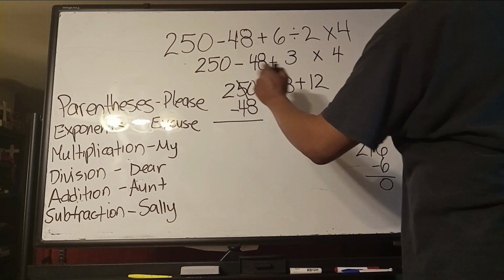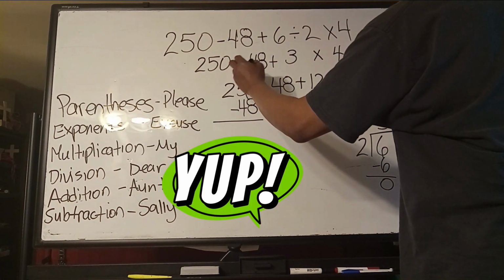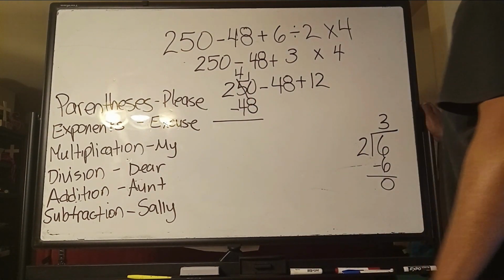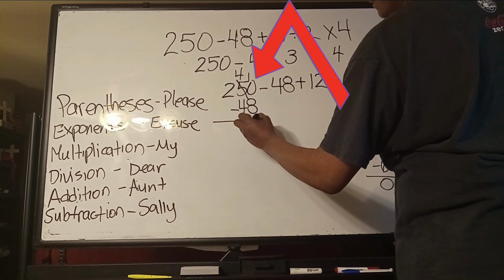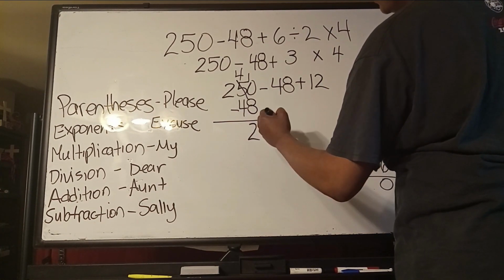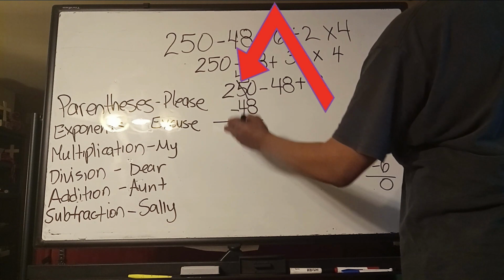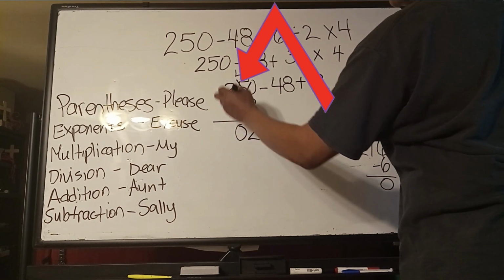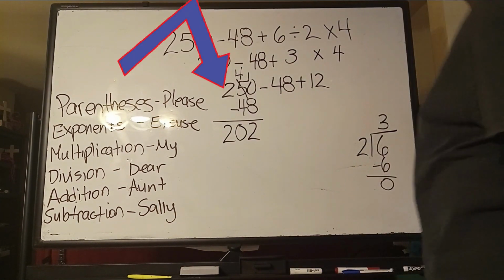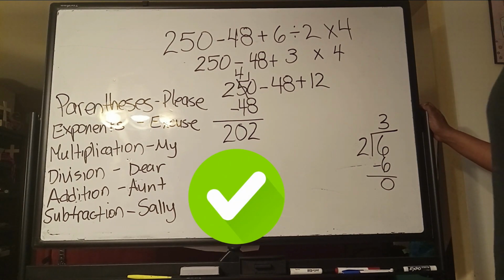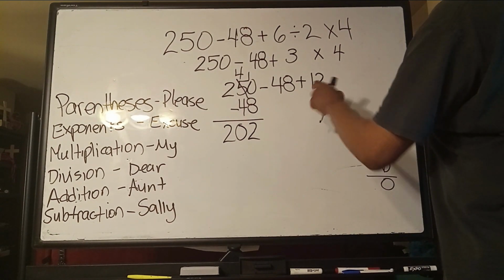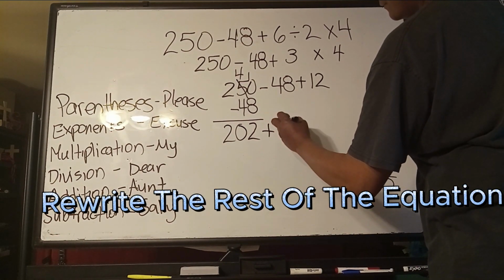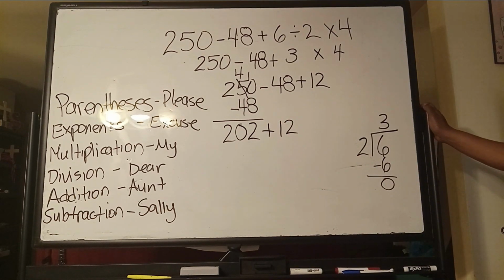Now we're going to have to do what? Borrow, correct? So we have 10, take away 8. And that's going to leave us with how much? 2. All right. And 4, take away 4 is going to give us a 0. And we just bring down that 2. So now we have 202. But we're not done. We still have the plus 12. So we're going to bring that down.